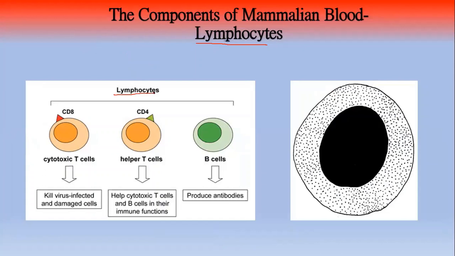So in the diagram to the left here, we have T lymphocytes and we have B lymphocytes.